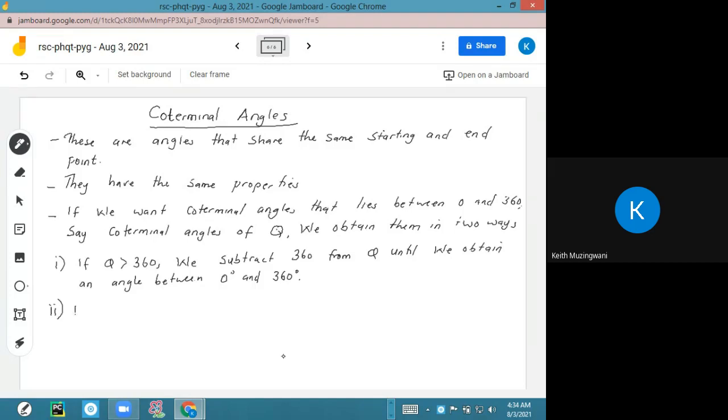Another way is if theta is less than 0, we add 360 to theta until we obtain an angle between 0 degrees and 360. That is what happens.